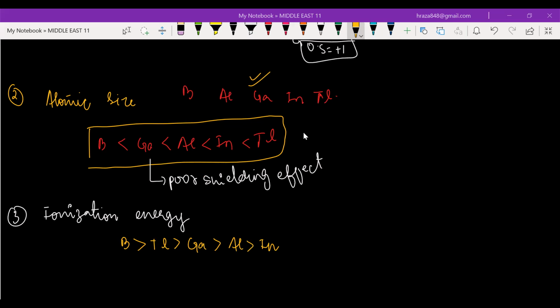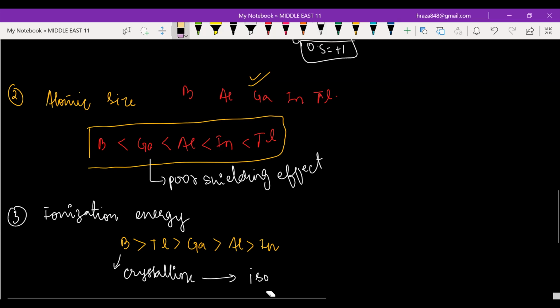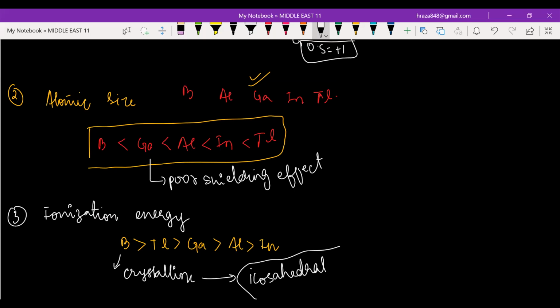See here, boron is in crystalline form and it has a structure which is known as icosahedral. This structure is tightly packed and the atoms are closer to each other. That's why the ionization energy of boron is very high. When we talk about thallium, gallium, aluminum, and indium, it's all metal.